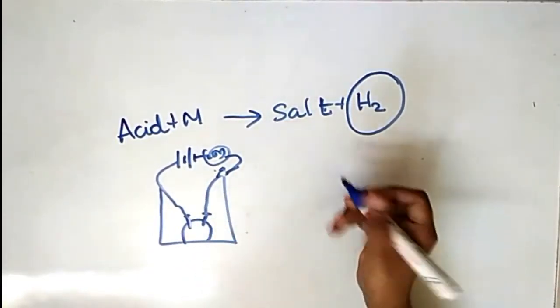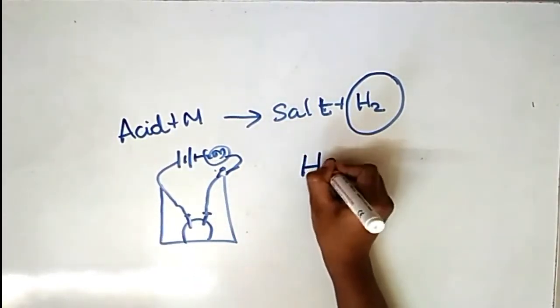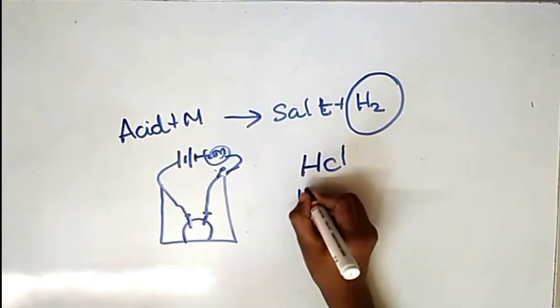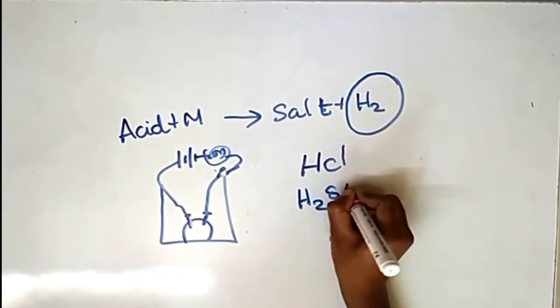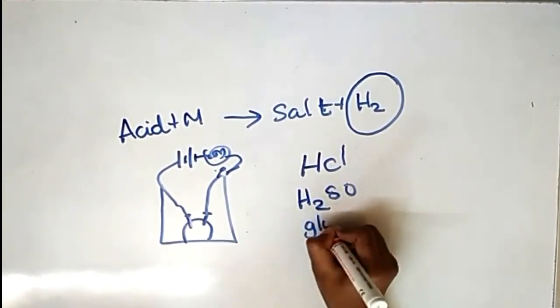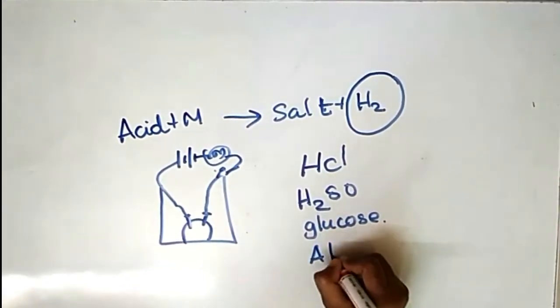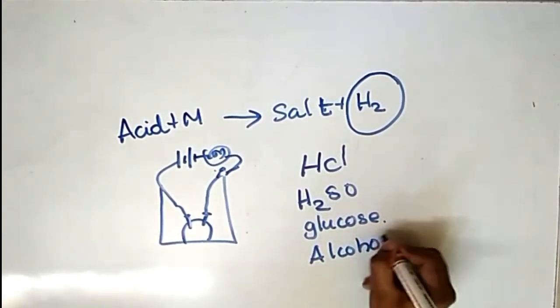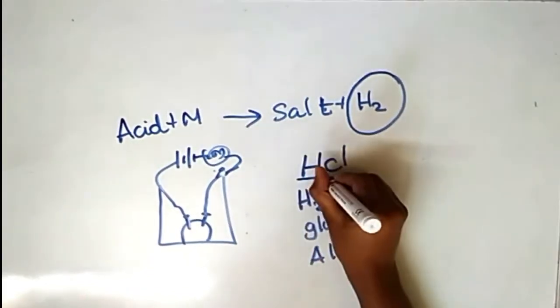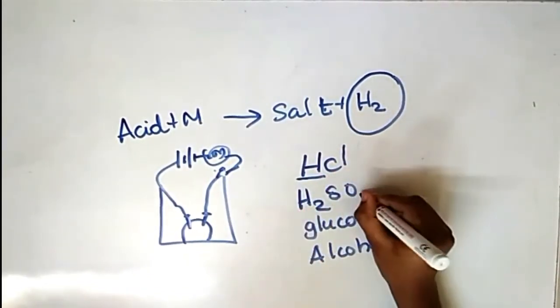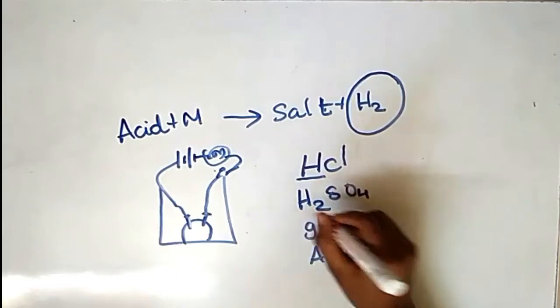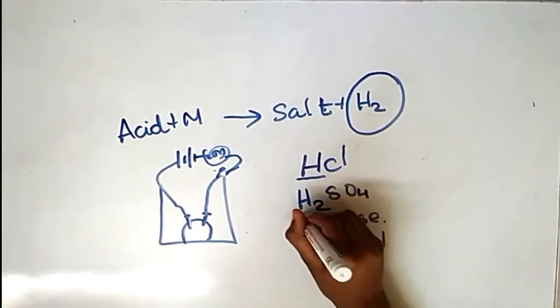We can take hydrogen containing substances like hydrochloric acid, sulfuric acid, glucose, and finally alcohol. In hydrochloric acid, HCl, we have hydrogen. In sulfuric acid, H2SO4, we have hydrogen.